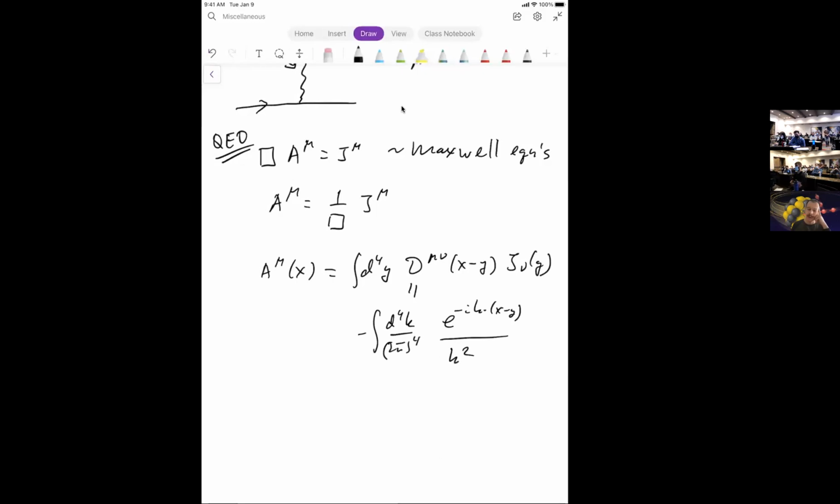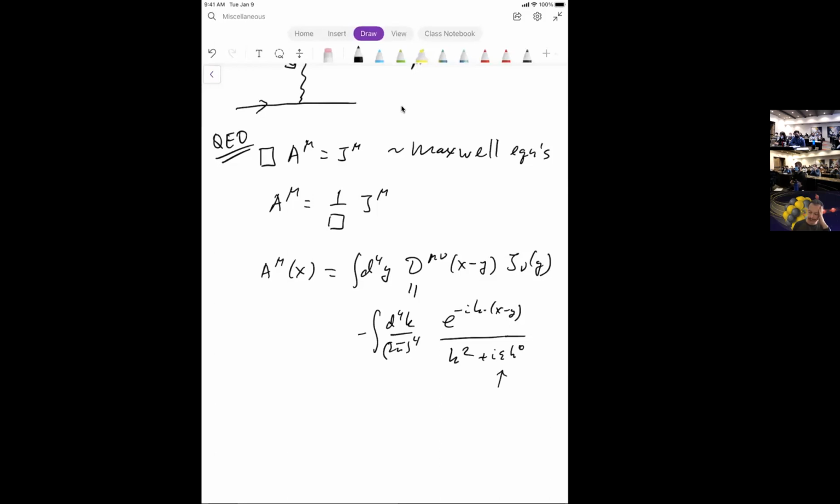You look at this thing and you realize, I know what this is, I've seen it somewhere. It's really a Feynman propagator if I put plus i epsilon. You can argue that because these are classical equations you're solving, it shouldn't be just a Feynman i epsilon, it should be more like a retarded Green function.